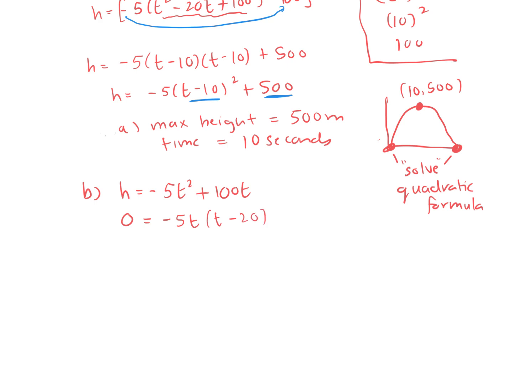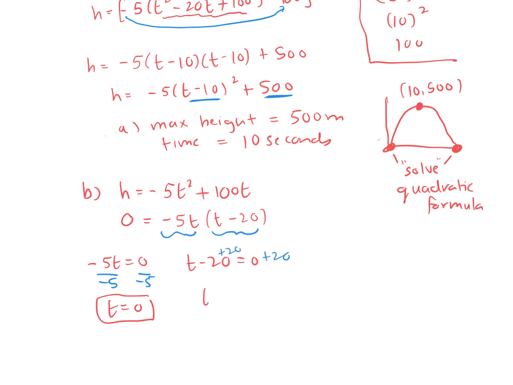And then once I have the two factors, I take each factor, I set it equal to 0, and then we solve. So this one we would need to divide by -5 to solve for t. So t would be 0. And this one we would have to add 20 to solve for t. So t would be 20.